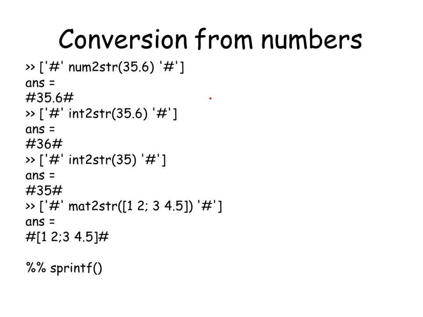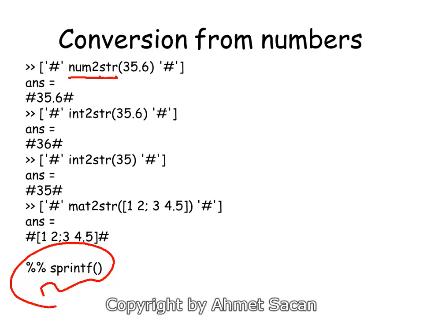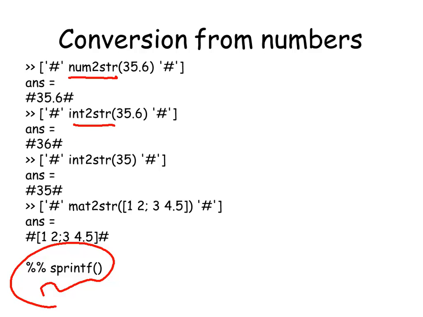We already saw that we could do this using the sprintf function, so I'm not going to cover that. There are other convenient functions that you can use. num2str will take any number and print its string representation. int2str will convert an integer and return its string representation, so the number will be rounded if it's not a whole number. mat2str will take a matrix and return the matrix as if you would type it in the command window.